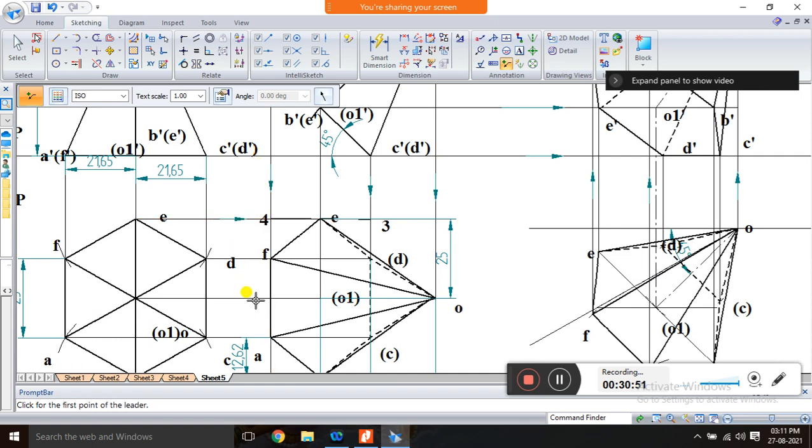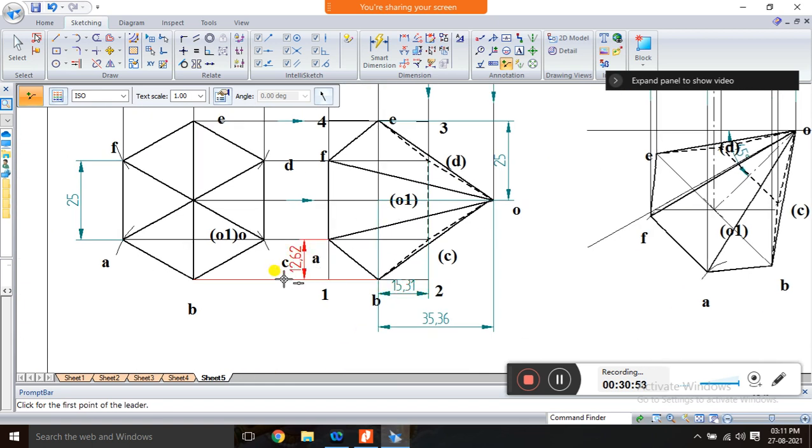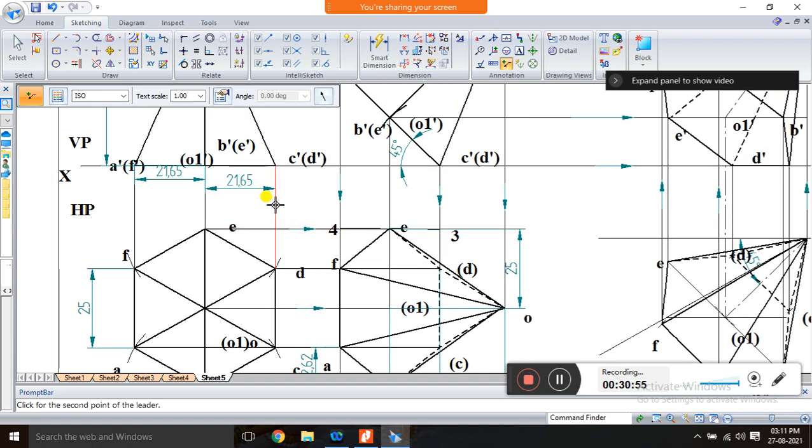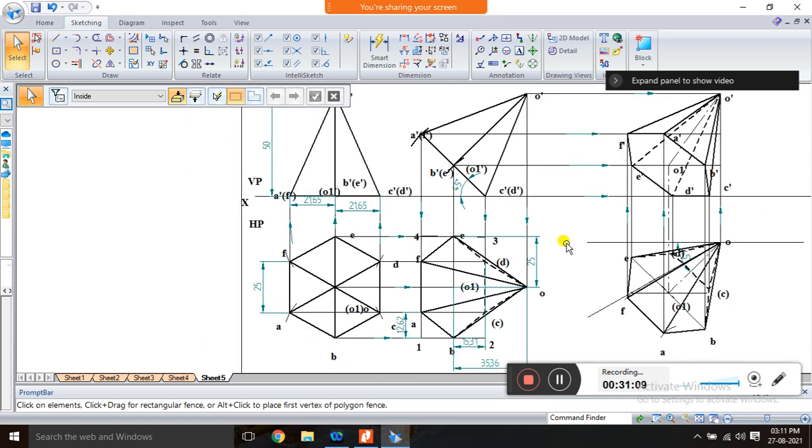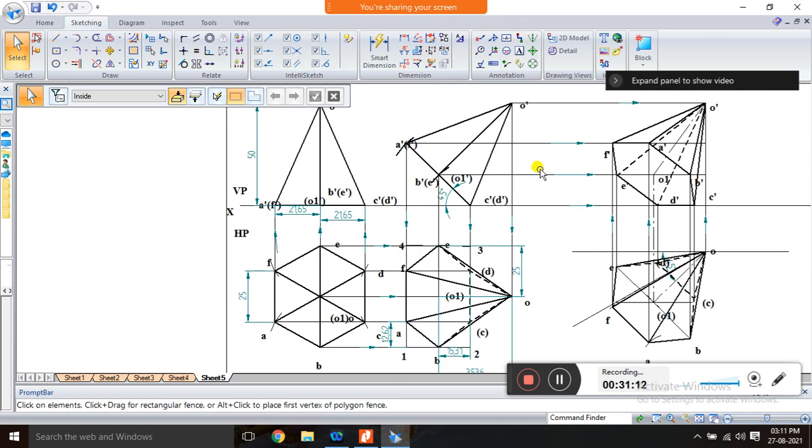So like this, you have to show at least the important ones. So this arrow mark will help: first top position, okay, second front, then top, then front. So like this it will help. So this will complete your problem, okay.